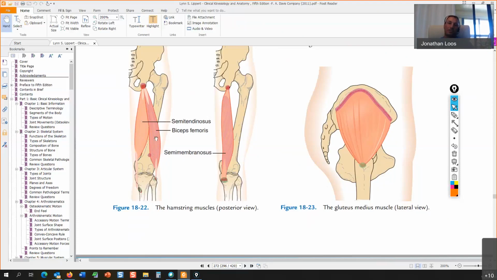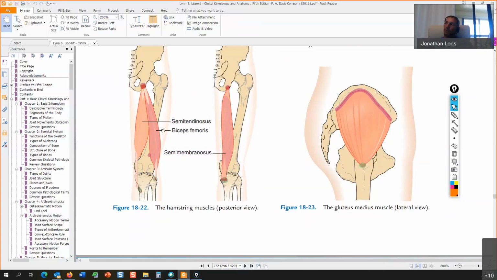It has two divisions, a long division and a short division. The short division is not talked about here because it only crosses the knee, so it's only a knee flexor. But the biceps femoris long head, like the long head of the biceps of the arm, which flexes the shoulder and the elbow, also has two functions: it extends at the hip and it flexes the knee.